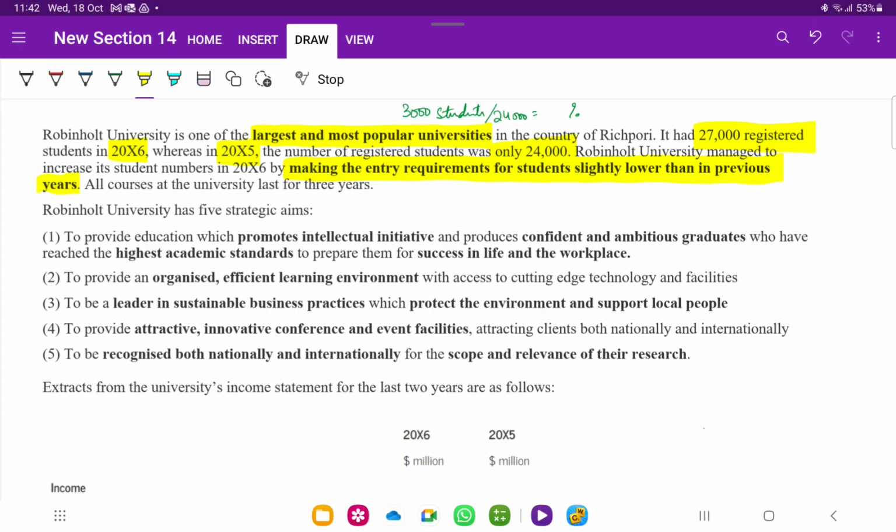So what will be its impact on the quality of the graduates? Obviously it will reduce, right? So if you are increasing your number of students by reducing the entry requirement, it's going to reduce the quality, it's going to impact the teaching quality, and it's definitely going to impact the quality of graduates, who may face some difficulty in getting employment opportunities, right?